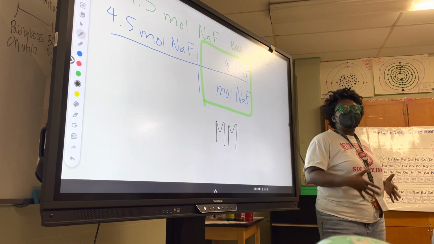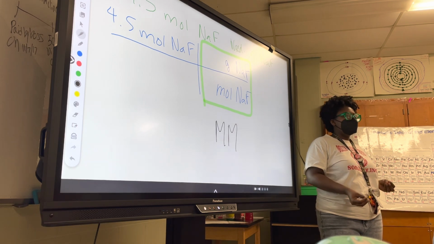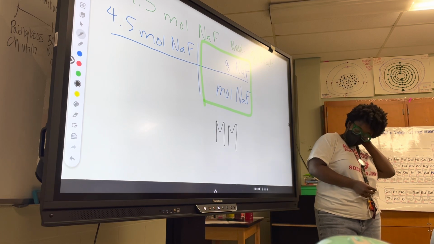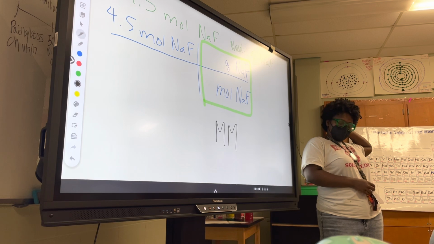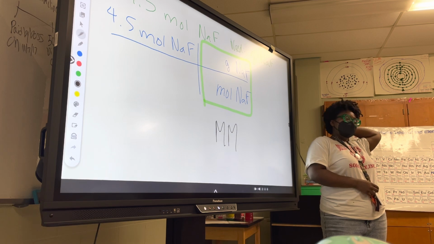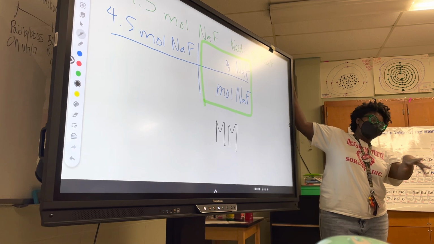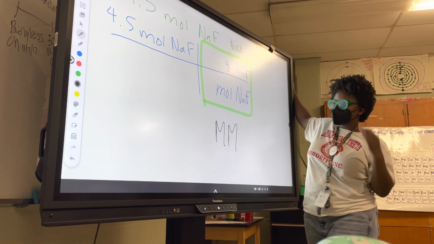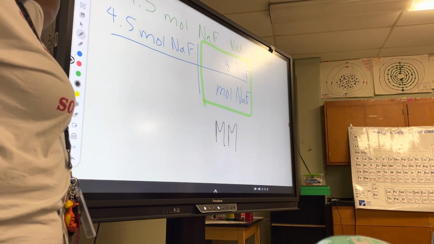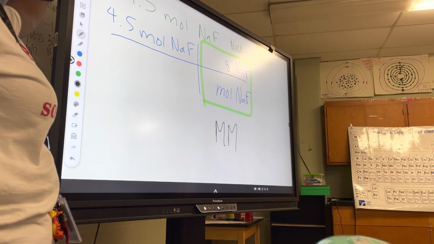So now I'm not just finding the molar mass of a single element, I'm finding the molar mass of a compound. Molar mass is the same thing as atomic mass, right? Yes and no. Atomic mass implies the average atomic mass, and that takes into account all the different versions of an element.